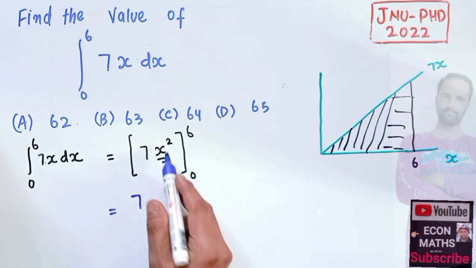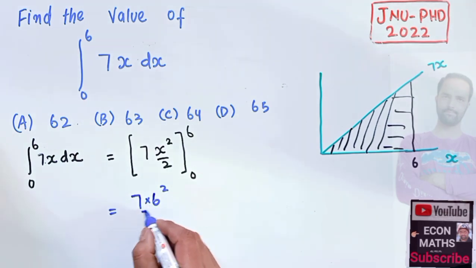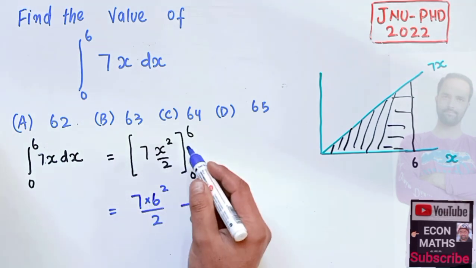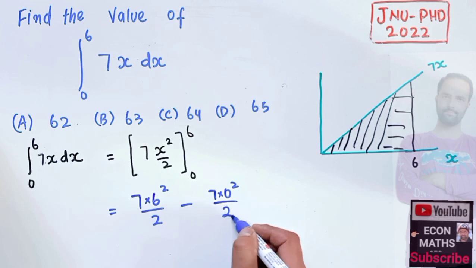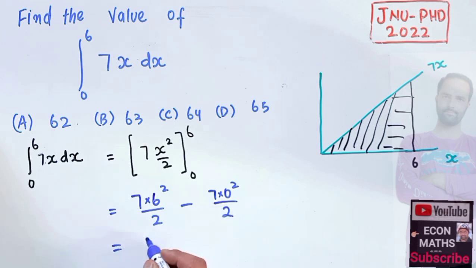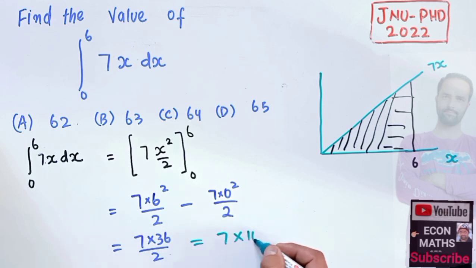So in place of x we have 6 square divided by 2. Then we subtract and evaluate it at the lower limit. So we have 7 into 0 square divided by 2. This comes out to be 7 into 36 divided by 2. This term will become 0, which comes out to be 7 into 18, since 2 ones are 2, 18s are 36.